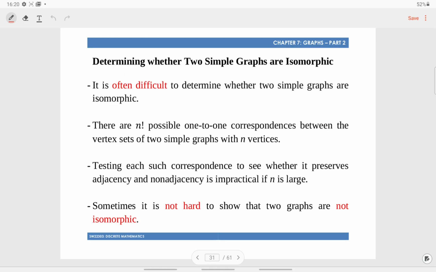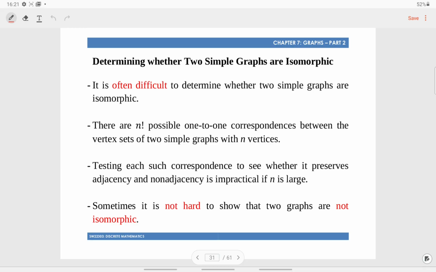Alright, determining whether two simple graphs are isomorphic. Maybe in the exam you'll be given two graphs, and your task is to determine whether they are isomorphic or non-isomorphic. It is often difficult to determine whether two simple graphs are isomorphic.